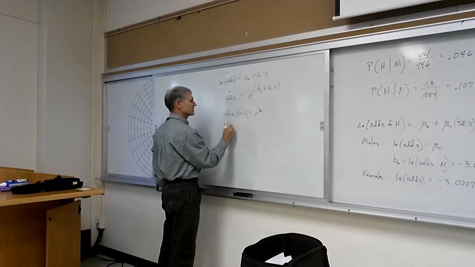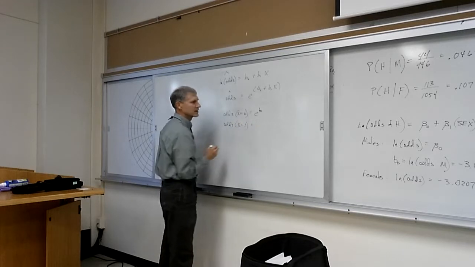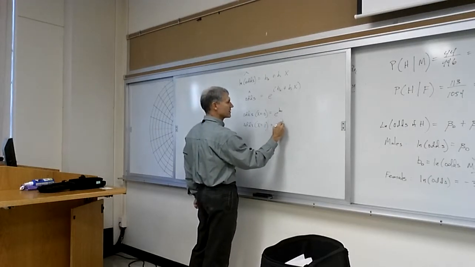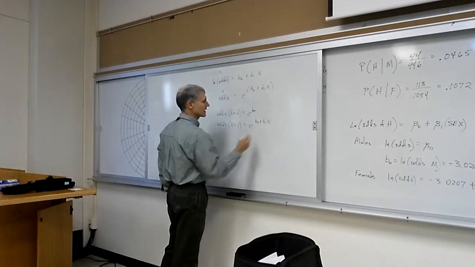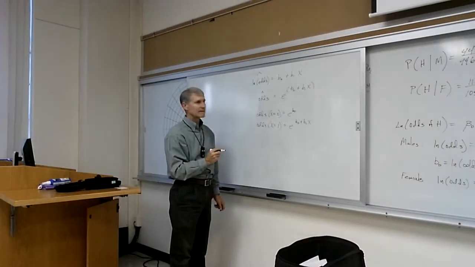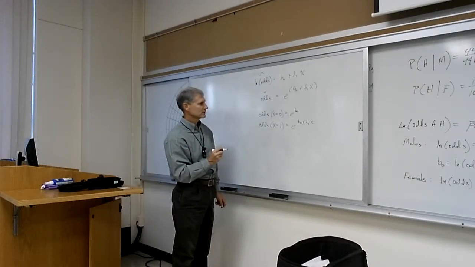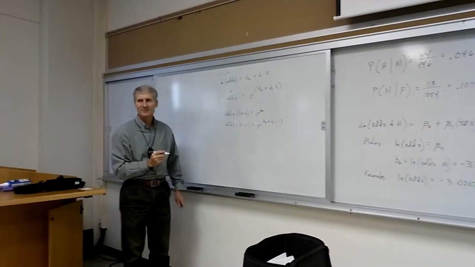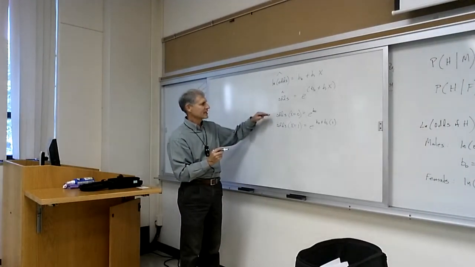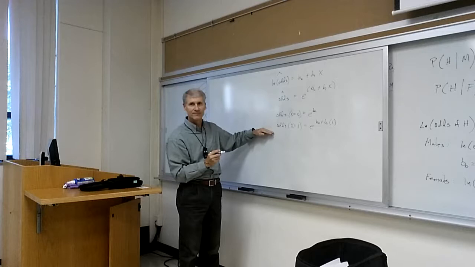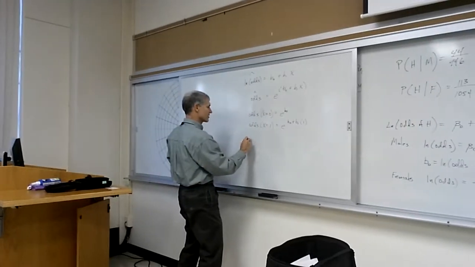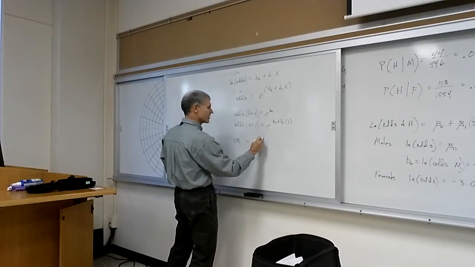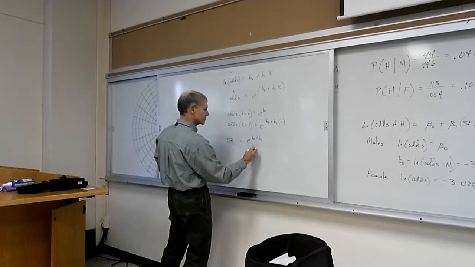The odds for x equals 1 is e to the b0 plus b1x, and x is 1, so you get e to the b0 plus b1. Now, take the ratio, put the 0 on the bottom. So the odds ratio, OR, is e to the b0 plus b1 over e to the b0.